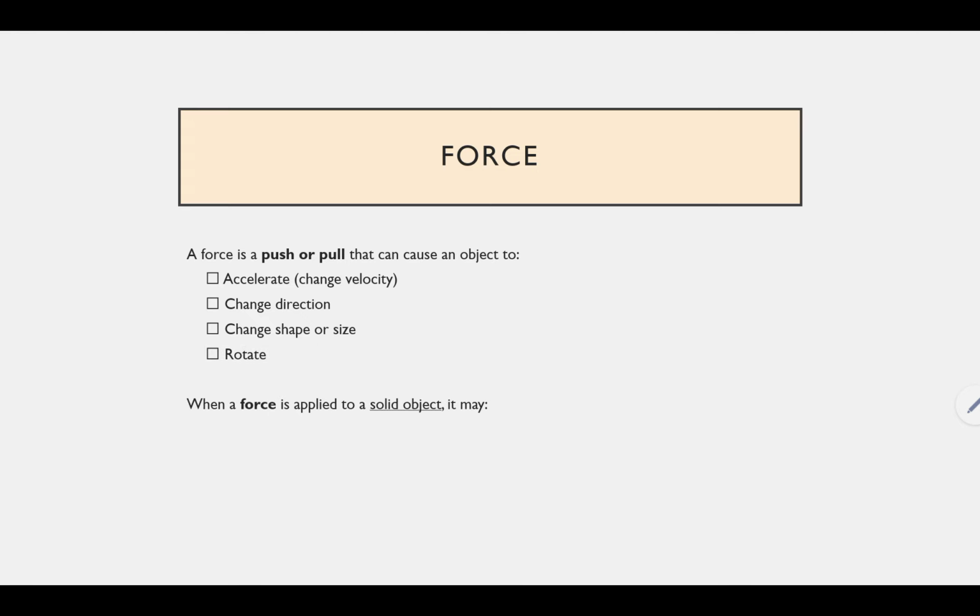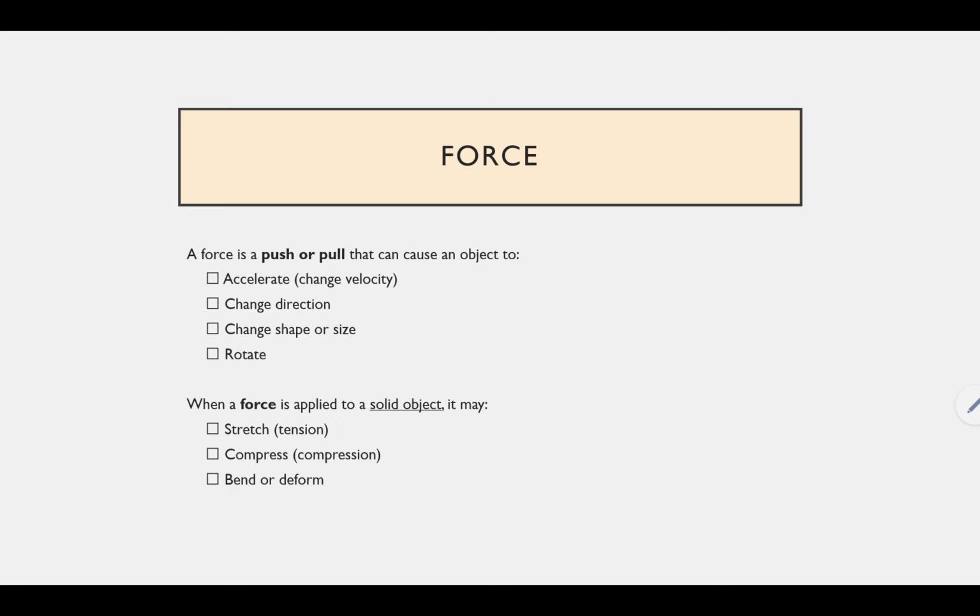When a force is applied to a solid object, it can do one of three things. Either it will make it stretch, which is known as tension, or compress, which is known as compression, or it can cause it to bend or deform. Now, I can make the object bend, but if I let go of my force, it will go back to its original shape.